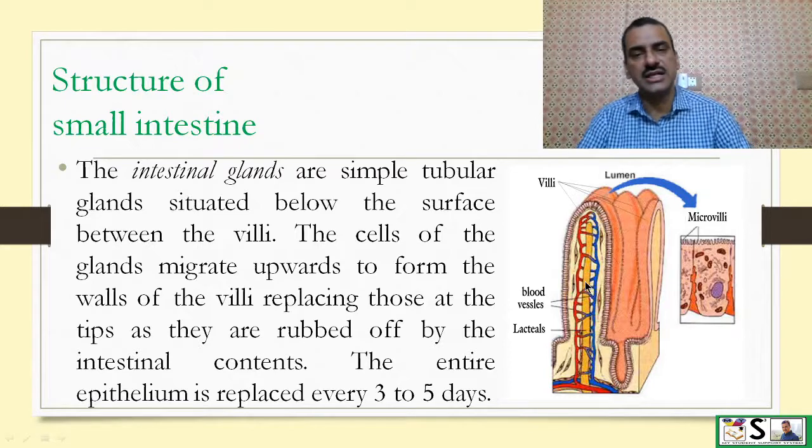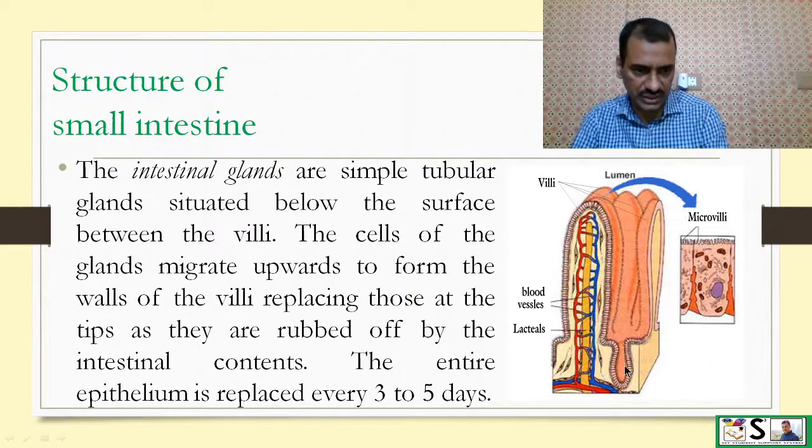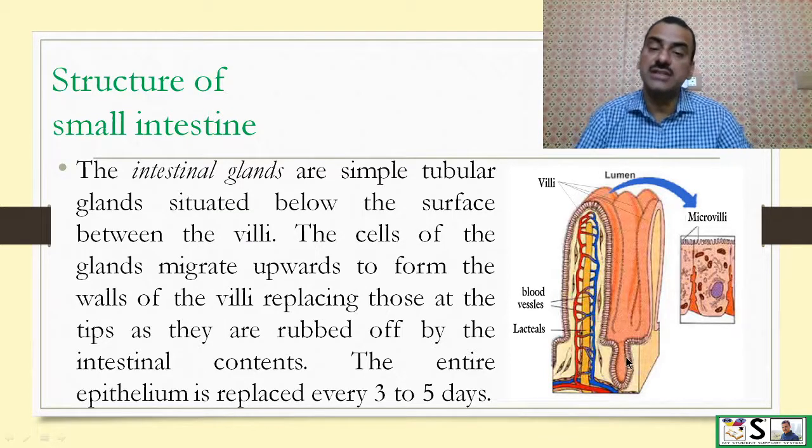The intestinal glands are simply tubular glands situated below the surface between villi. So here in between there are some tubular glands and they pass upwards.